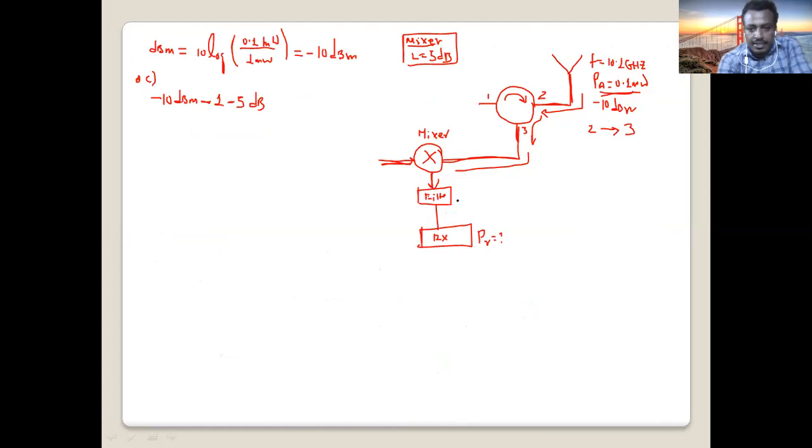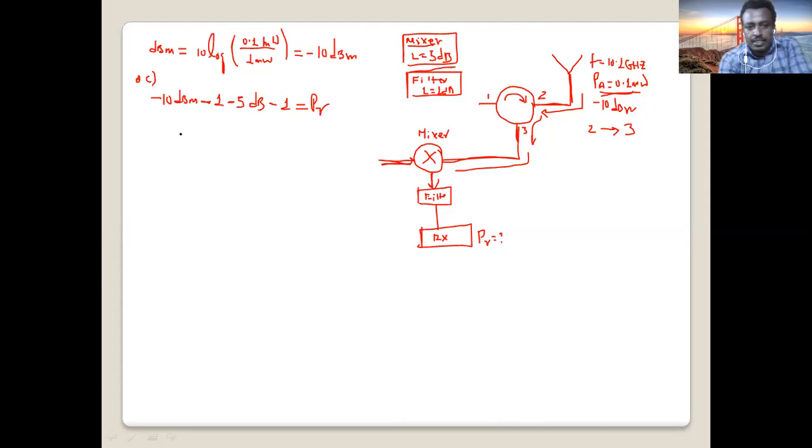Then there is a filter here. The filter also has a loss of 1 dB. On the receiver side we also have a filter, and this filter also has a loss of 1 dB. It's given in the equation. So we subtract 1 for the loss. It will give us the received power, PR.